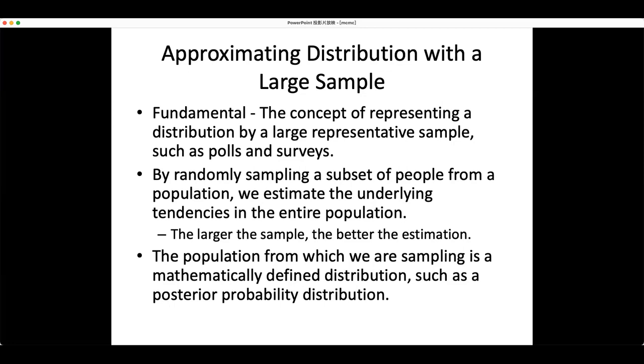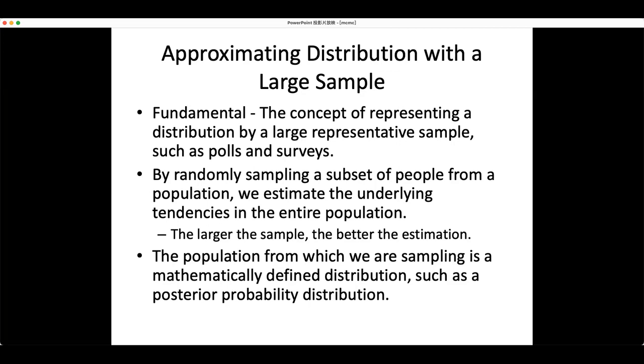We do this all the time, right? Before the election, we do a poll to see who is winning, which candidate is winning. For this type of survey or poll, the larger the sample, the better the estimation, obviously.